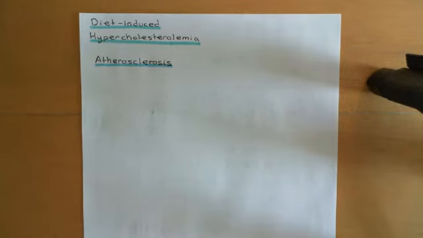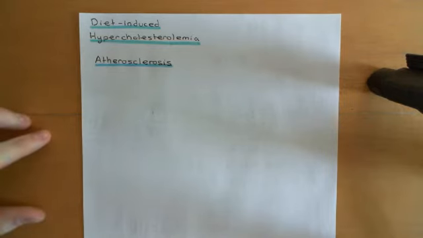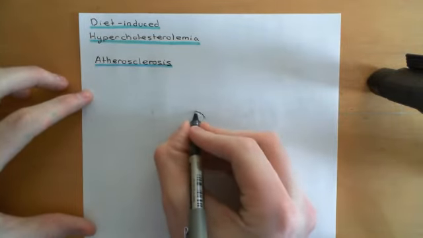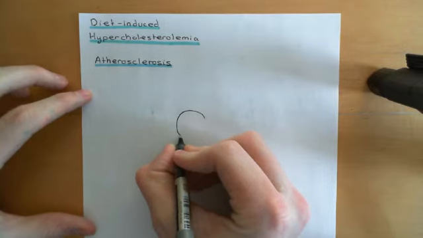So I want to start by discussing the histology of the arterial wall, so that we know the different portions and then we can understand the pathogenesis of atherosclerosis. I'm now going to draw a picture of the structure of an arterial wall, and we're going to start from the inside and then work our way outwards.